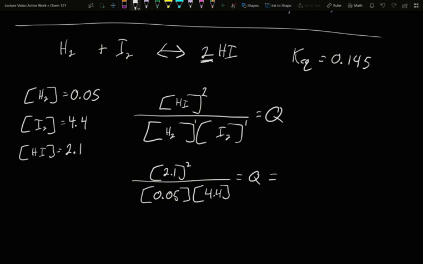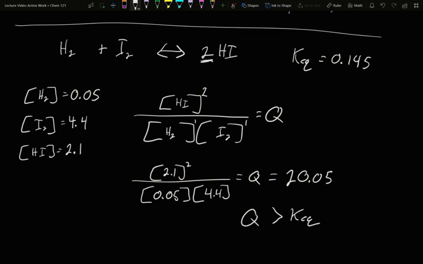And so 2.1 squared divided by 0.05 divided by 4.4. What we'll find is that this is 20.05. This is way past the equilibrium value. Our Q is substantially greater than KEQ.